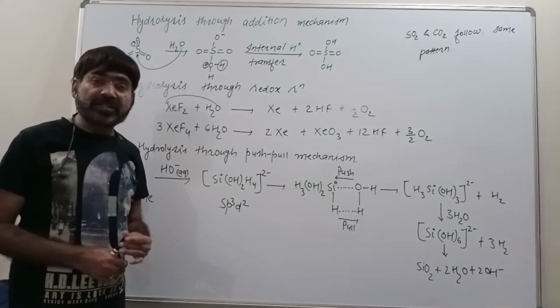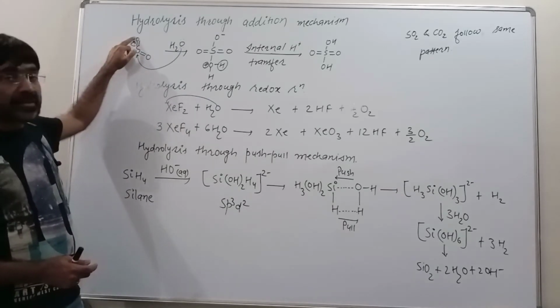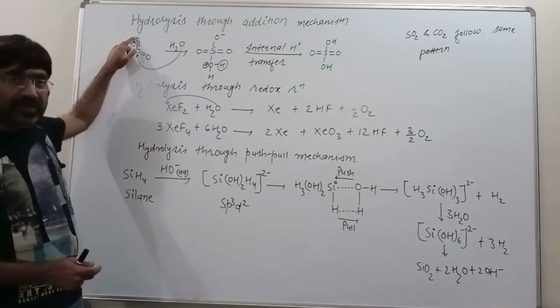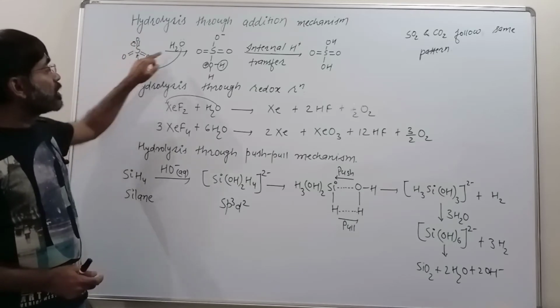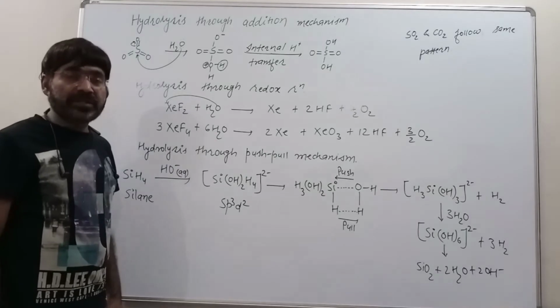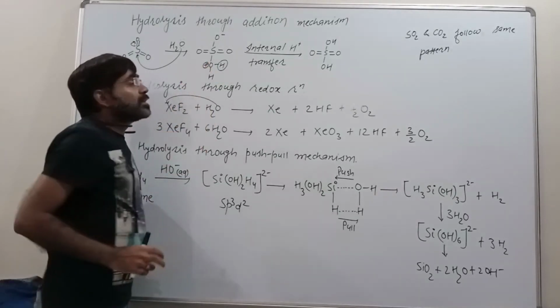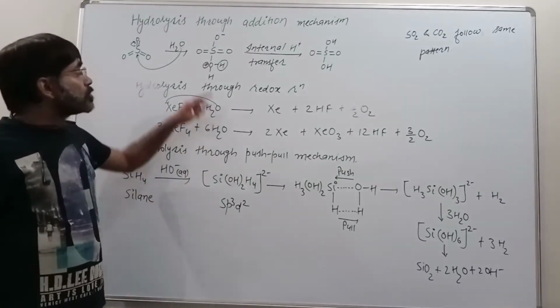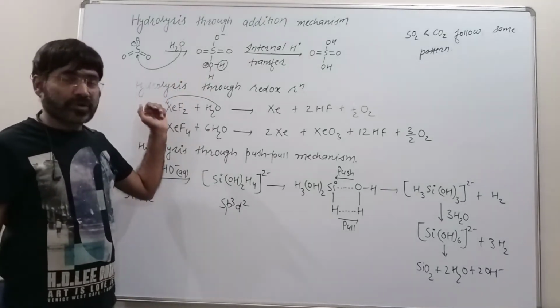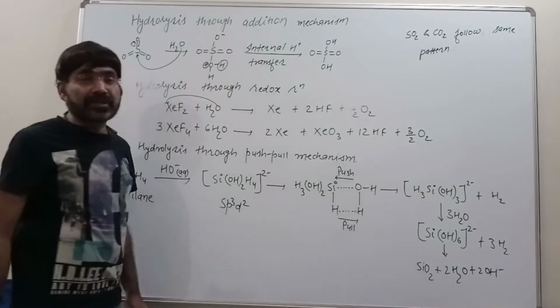By this electromeric shift, sulfur was acquiring a positive charge, and this oxygen was acquiring a negative charge. Over this positive sulfur, the water molecule is connected through its oxygen. The oxygen is now triply bonded, so it acquires a positive charge, and this oxygen of SO3 has acquired a negative charge.